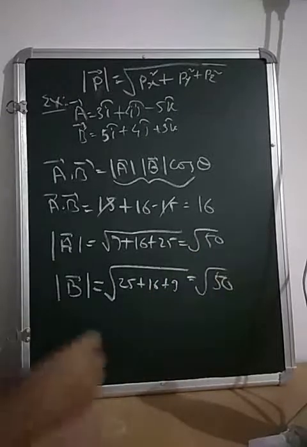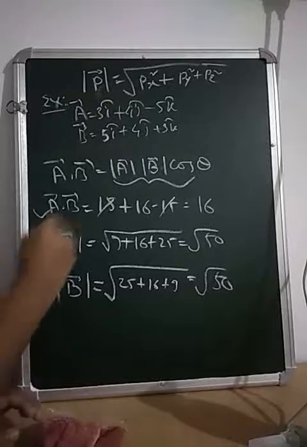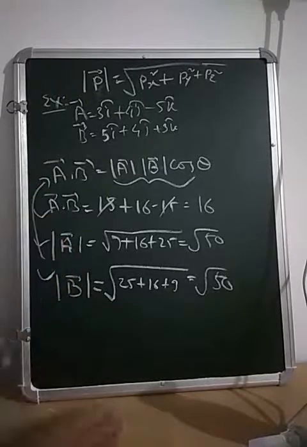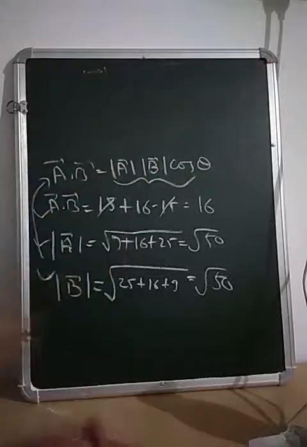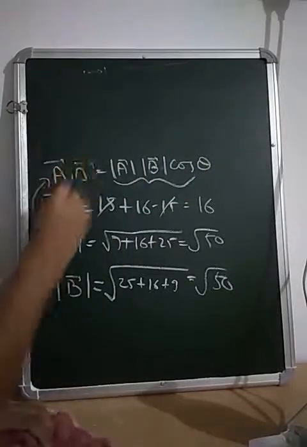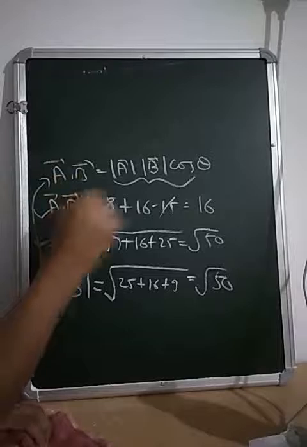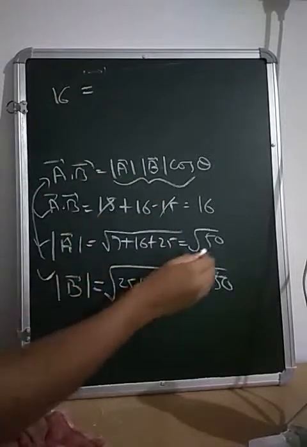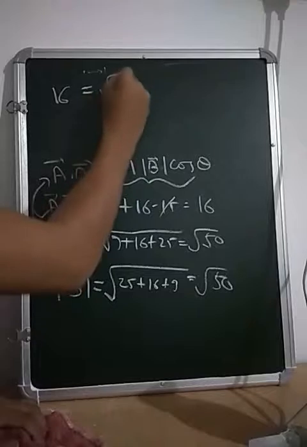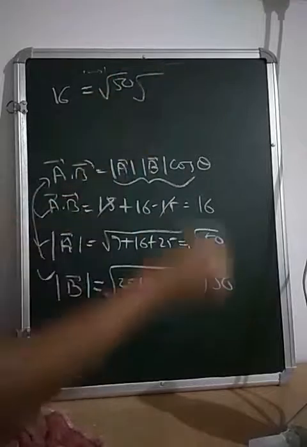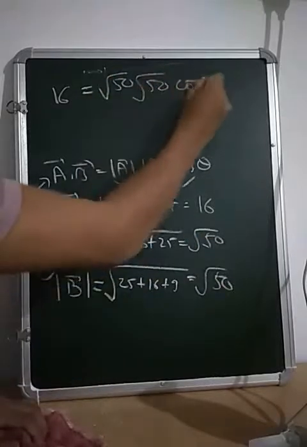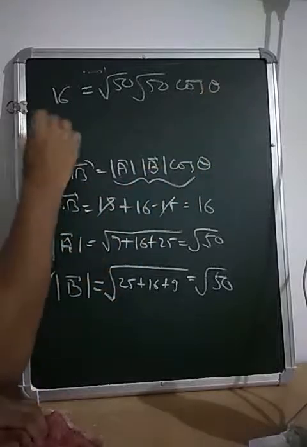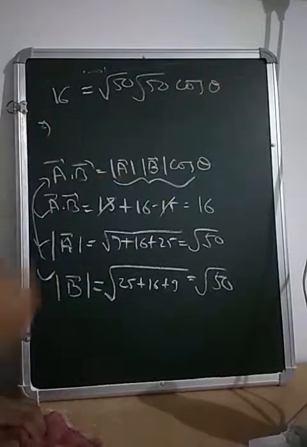Now we put these into the expression. A dot B, which is 16, is equal to the magnitude of vector A, root over 50, times the magnitude of vector B, root over 50, times cos theta, where theta is the angle between A and B. We are asked to calculate theta.